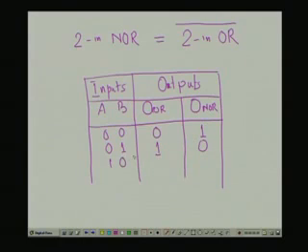If it is 1 0, then it will be 1, and 0. If it is 1 1, then OR is 1 and NOR output is 0. So, this is my truth table of the OR and NOR gates.